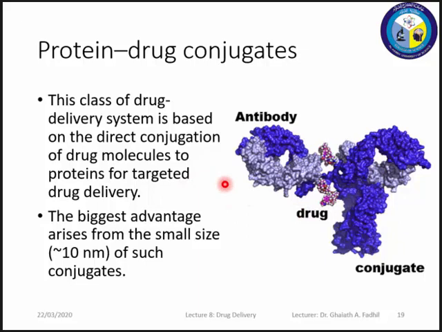These conjugates have proteins that are conjugated with the drug molecules to create one system that we can use to carry the drug to the targeted organ and then release it there. What's the benefit of this? We don't have a lot of circulation, but there is an advantage: the small size of these conjugates is around tens of nanometers.